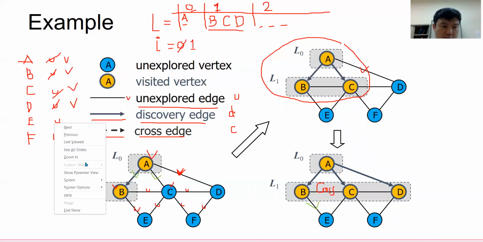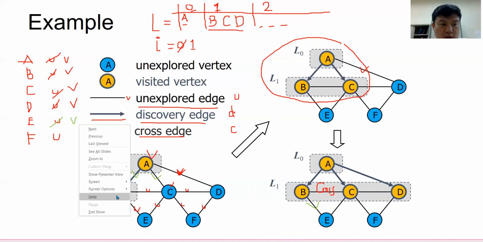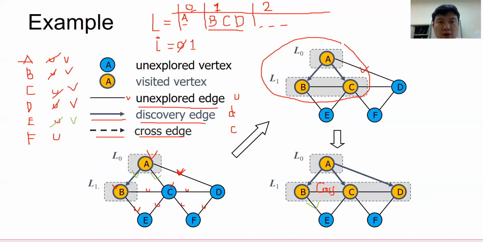E has now been changed to visited. Let me use the green to avoid confusion. Now E becomes visited, and I want to put the particular node into the list. So we have this one as E.